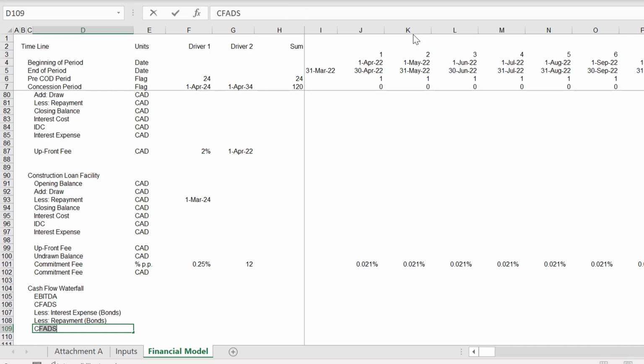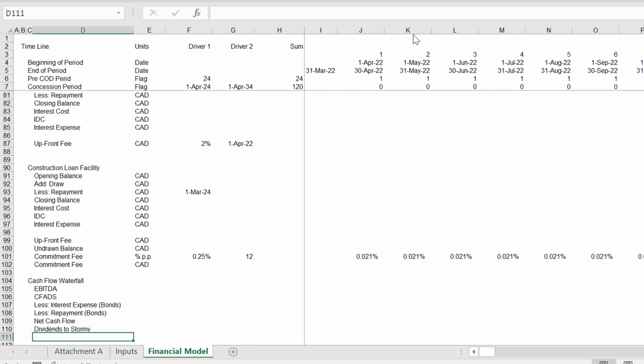And then we'll get our net cash flow, and we're going to give that to dividends to Stormy.